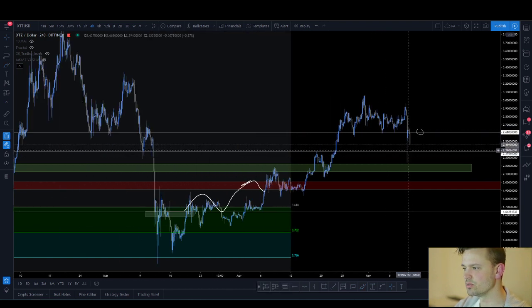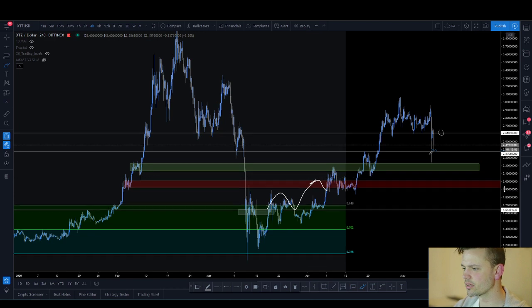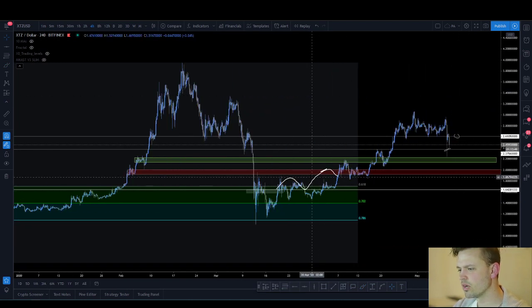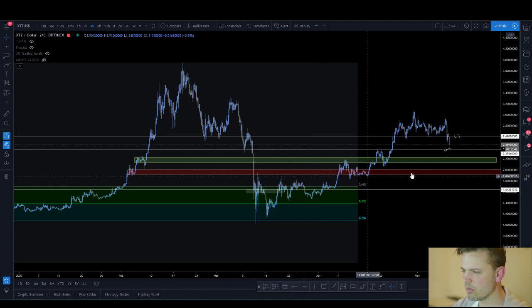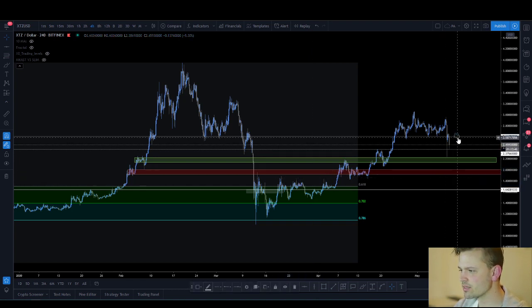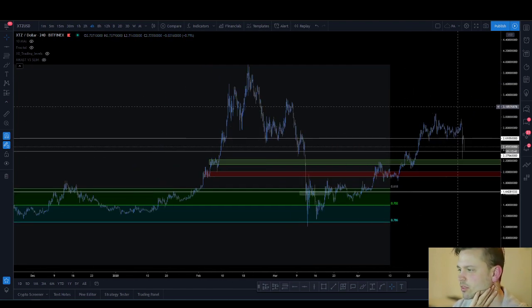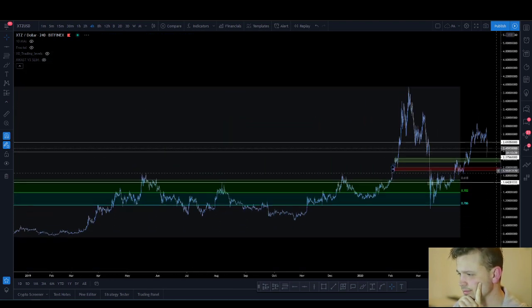If we lose the 2.37 area, we are most likely going down to around $2, I think. And this also depends on how Bitcoin's price action behaves in the next couple of days.